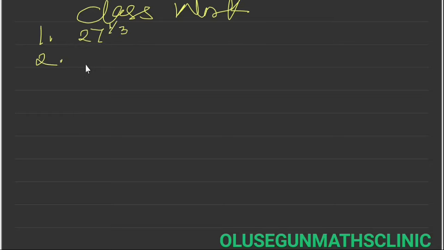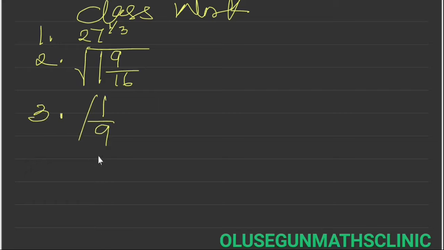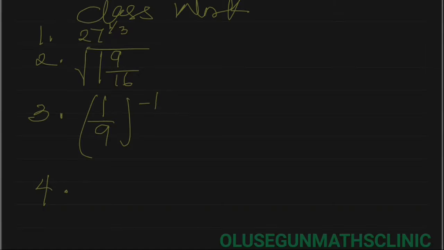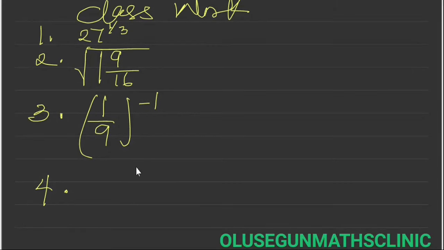Number 2, square root of 1 over 16. Number 3, 1 over 9 raised to power minus 1. Number 4, 125 raised to power minus 2 over 3.